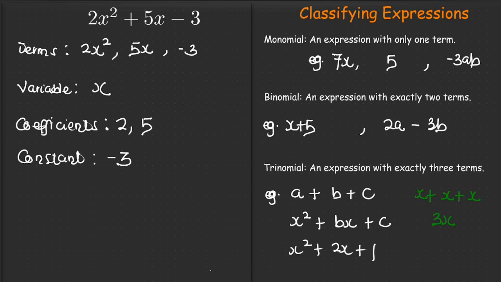You take note of how the trinomials appear. They have 3 terms. Now, the general name we use to call these monomials, binomials, and trinomials is polynomial. We'll talk more about polynomials in our subsequent videos.